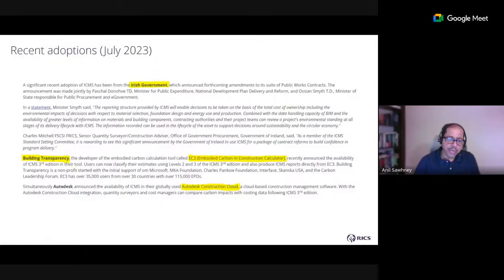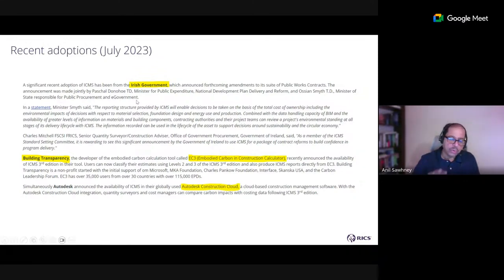A couple of years ago, we had more adoptions. So the Irish government actually has adopted ICMS in their National Development Plan Delivery and Reform Framework. So you see these two ministers have given quotes and announced the adoption of our ICMS standard.